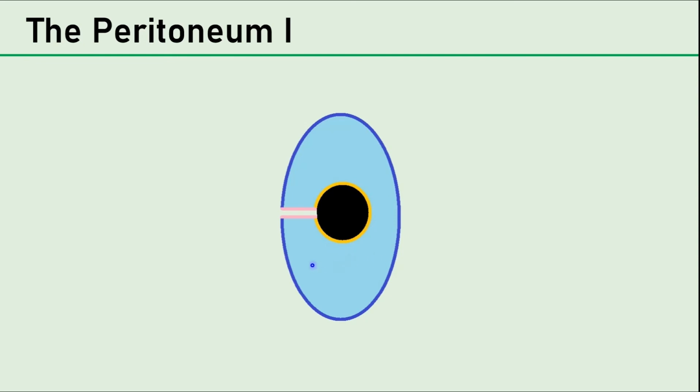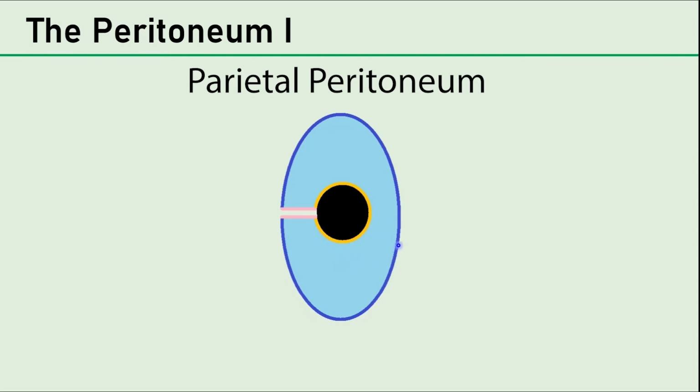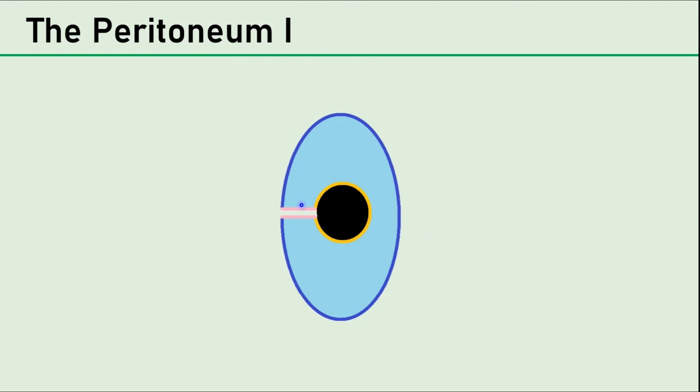Then we have around the outside, still in blue, this is called parietal. This is parietal peritoneum because it goes around the perimeter. And then we have this little double wall part where we have two peritoneum very close together. And this is called a mesentery.